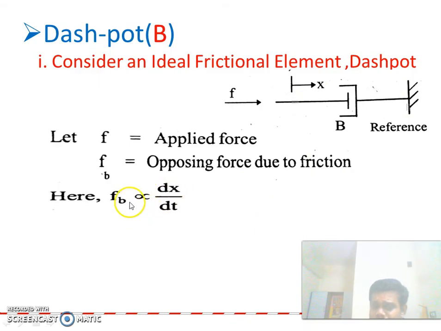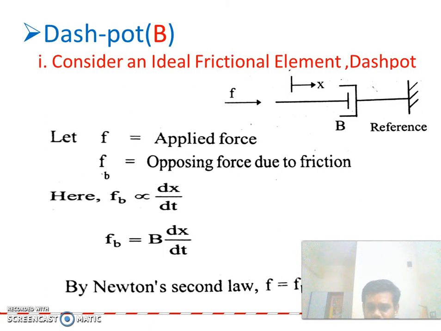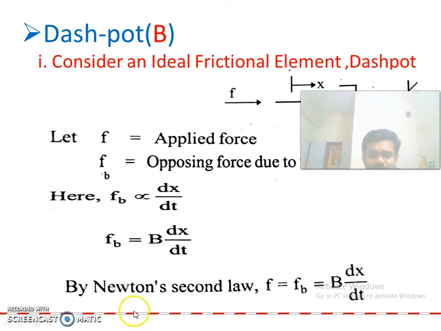Removing the proportionality constant, we get F_b is equal to capital B into dx by dt. By Newton's second law, applied force is equal to opposing force. So F is equal to F_b is equal to B into dx by dt.